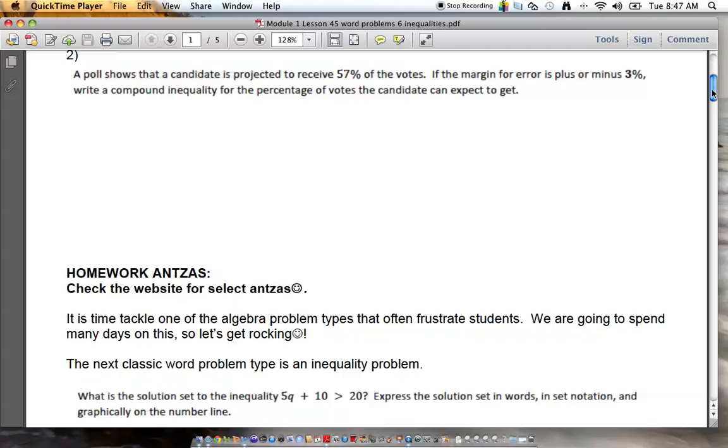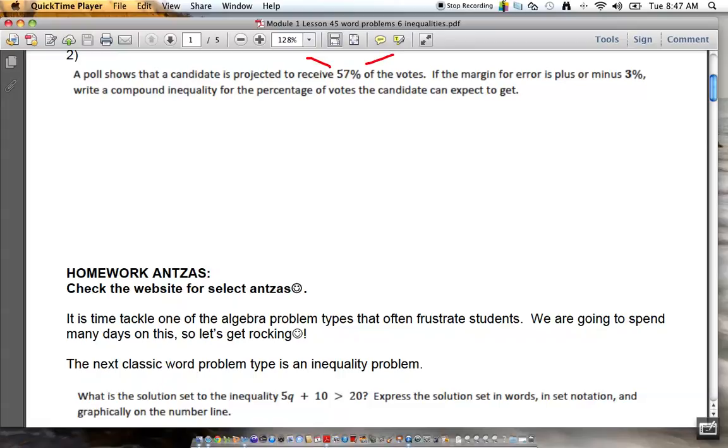Okay. Now, a poll shows that a candidate is projected to receive 57% of the votes if the margin for error is plus or minus 3%. What that means is they're supposed to receive 57%, but there's a little bit of error possible in the poll. It might be exactly right, but it could be as much as 3% less or 3% more.